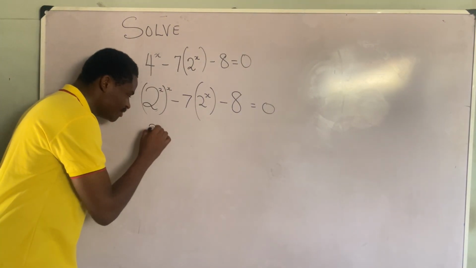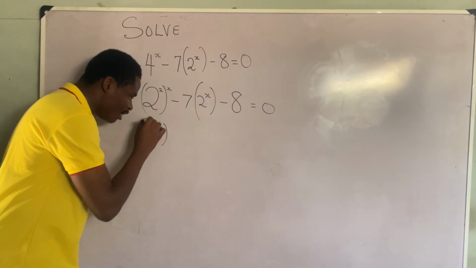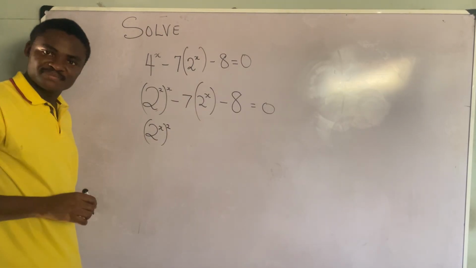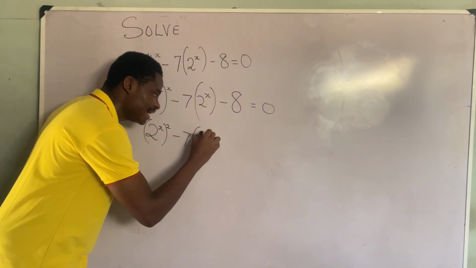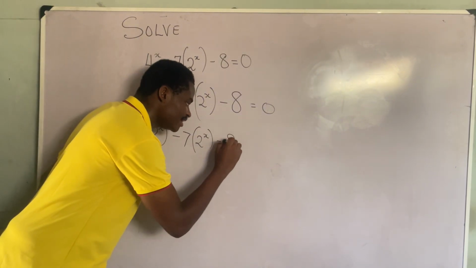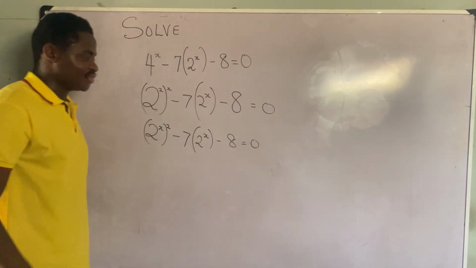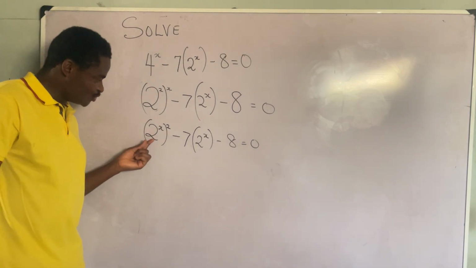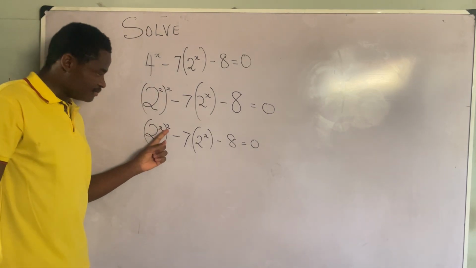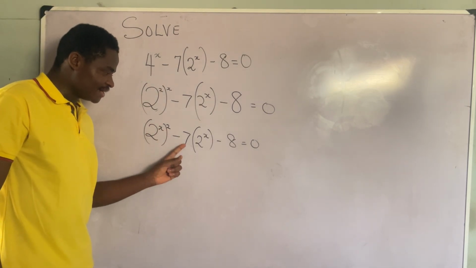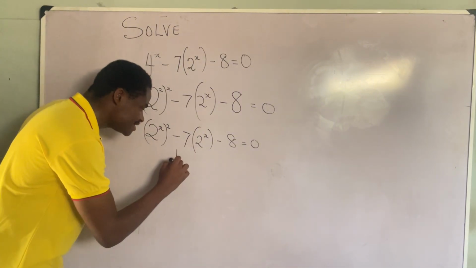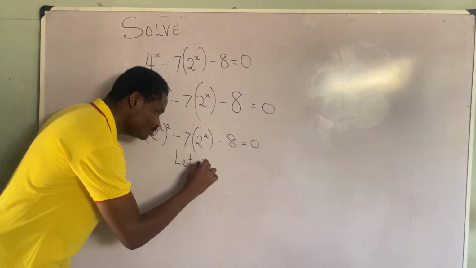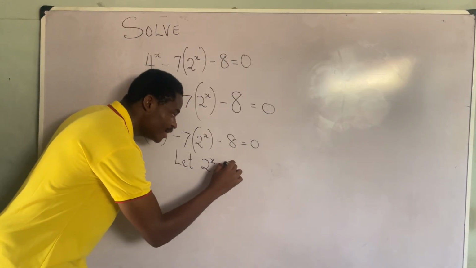When I rearrange, I'm going to have 2 power x, all of these raised to power 2, minus 7 in brackets 2 power x, then minus 8 equals to 0. I can now see, let 2 to power x be equal to a.